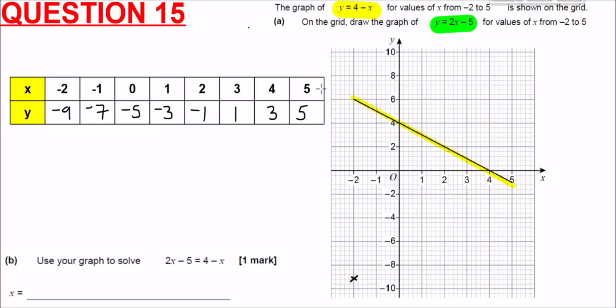And 5 would be this point here. So now we just need to do a straight line through these points, and that's the graph complete. So what we've done here is the graph of y equals 2x minus 5.